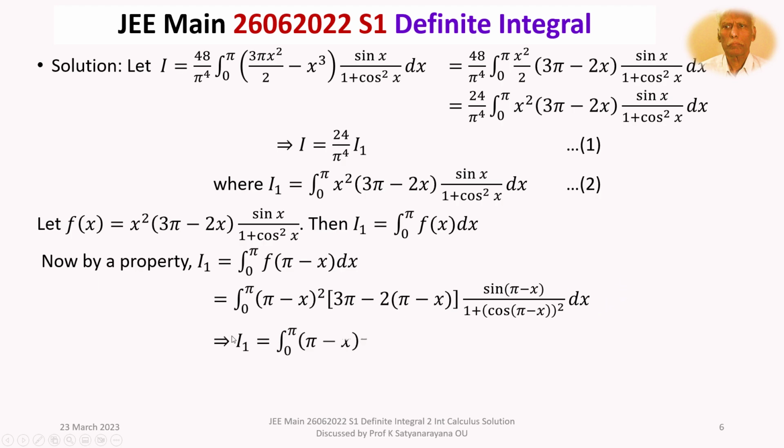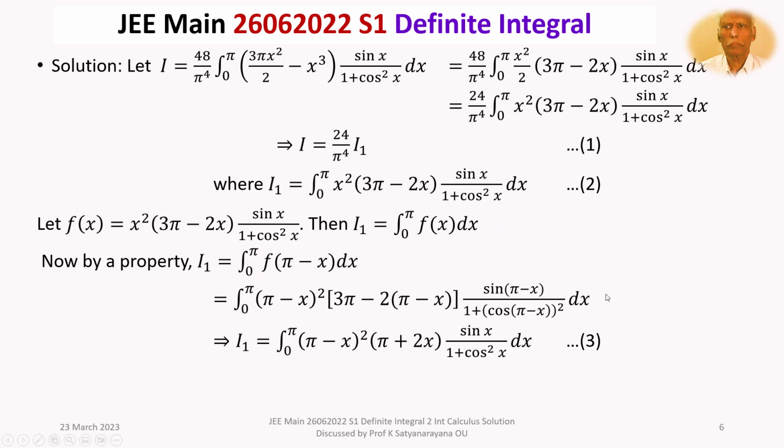This implies I1 is equal to integral 0 to pi, pi minus x whole square into 3 pi minus 2 pi is pi, minus of minus x is plus, so minus 2 into minus x is plus 2x. So pi minus x whole square into pi plus 2x into sin of pi minus x is sin x. Cos of pi minus x is minus cos x, but there is a square, therefore 1 plus cos square x. So this is equation 3.